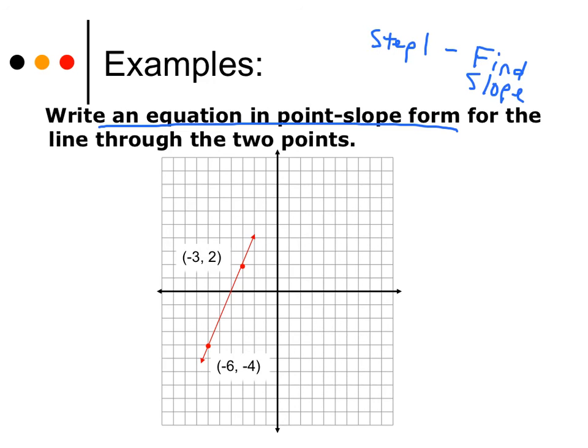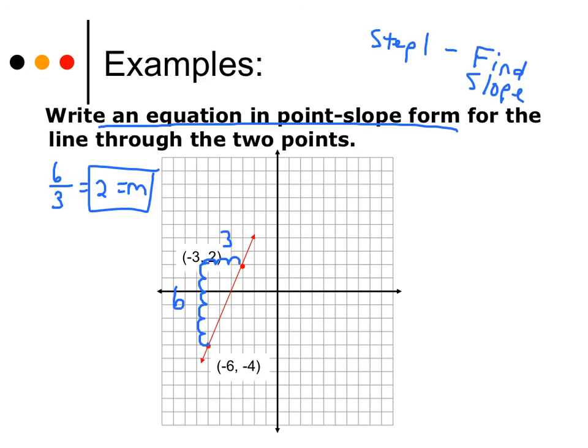Now you can subtract it or you can just count up. So I'm just going to count up, rise over run, and I go 1, 2, 3, 4, 5, 6. So up 6, and then over 1, 2, 3. So my rise over run would be 6 over 3, which reduces to 2. So that's going to be my slope. My slope is 2.